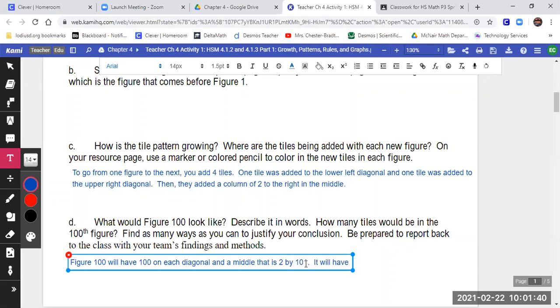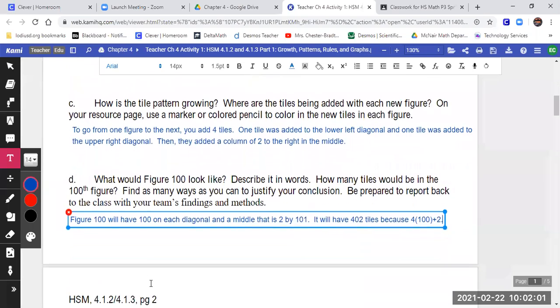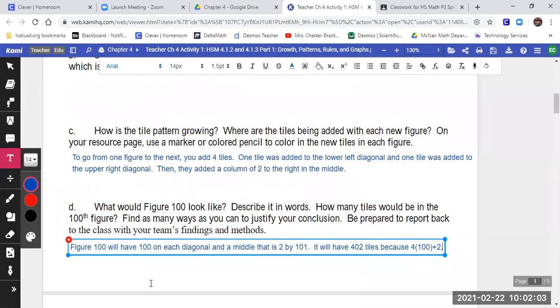All the way down at the bottom on the very last thing of that worksheet, it was 402. We'll have 402 tiles because we have to justify here too. 4 times 100 plus 2. Okay, does that make sense? Any questions?